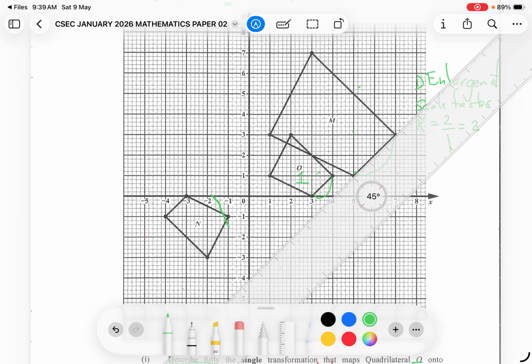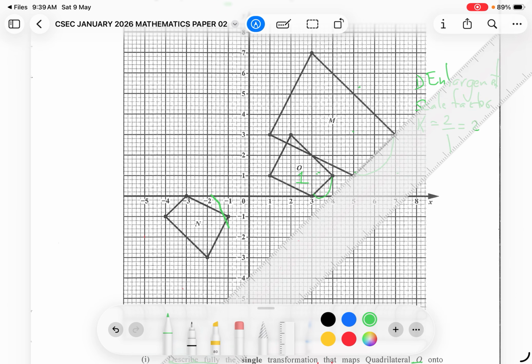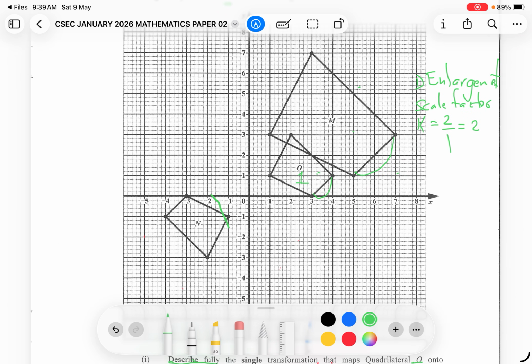You might have an issue that the diagrams are not drawn to scale. So it is safer to use the coordinates here to say that this would have gone across 1 box, this would have gone across 2 boxes, and it gives me safety in terms of not just measuring the length of the line, especially when they're not drawn to scale.